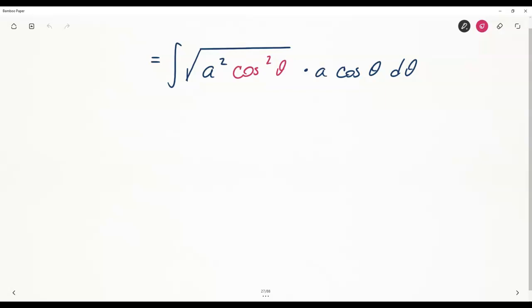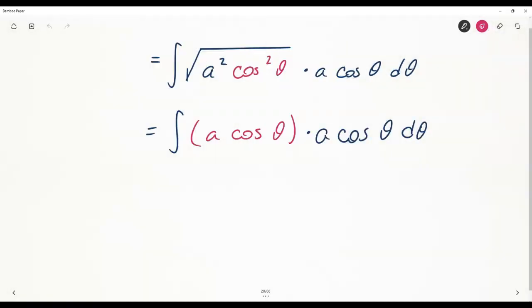It's just going to leave me with a cosine theta. So that square root becomes a cosine theta. But I already have an a cosine theta here, so this is going to become what? a squared cosine squared d theta.